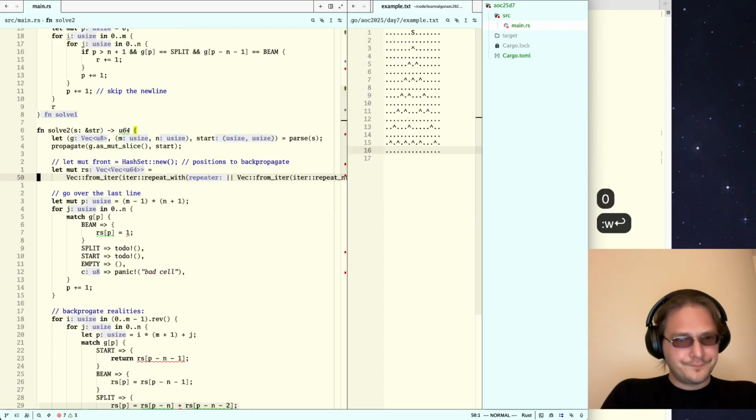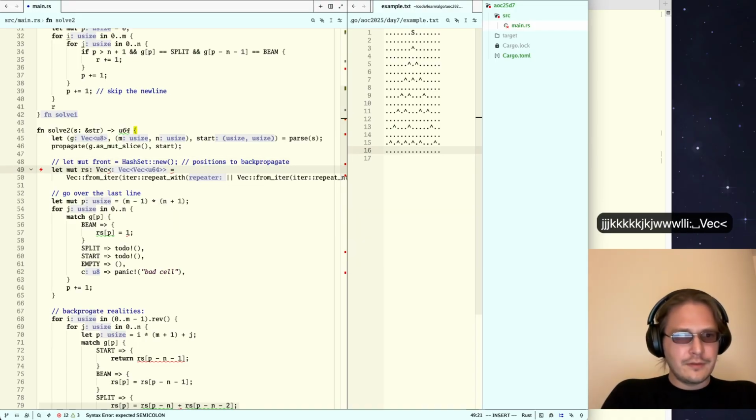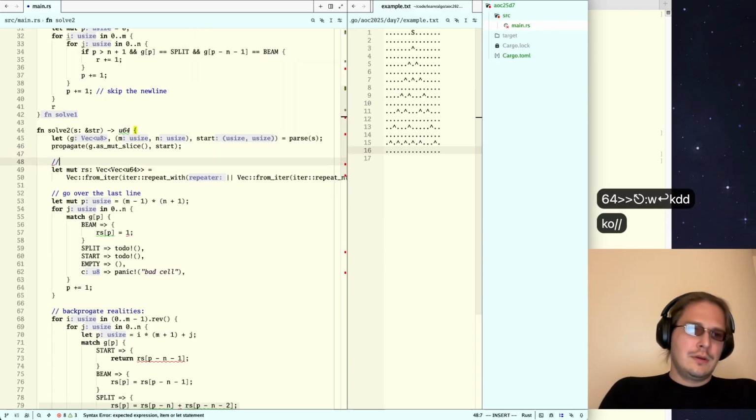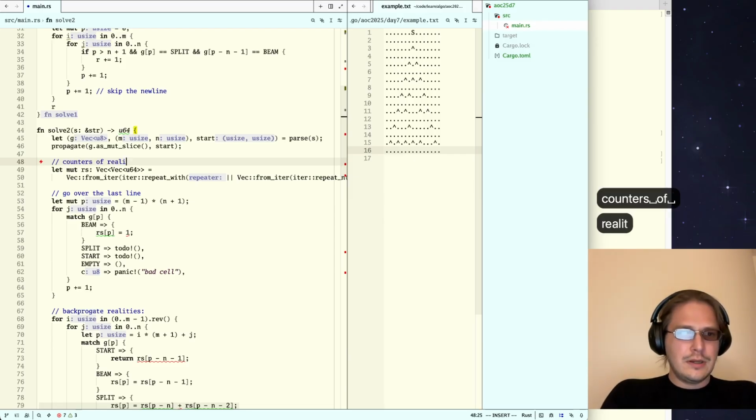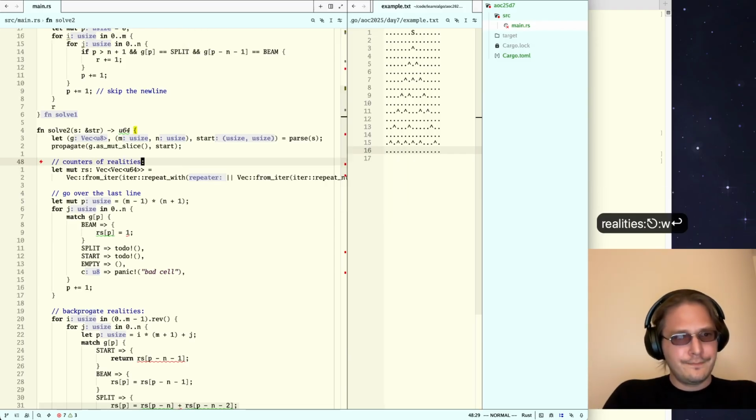Okay. And let's say this explicitly, that this is a vec of u64 counters of realities for each cell.